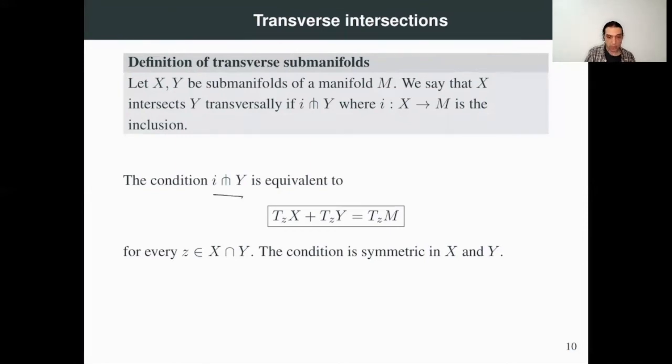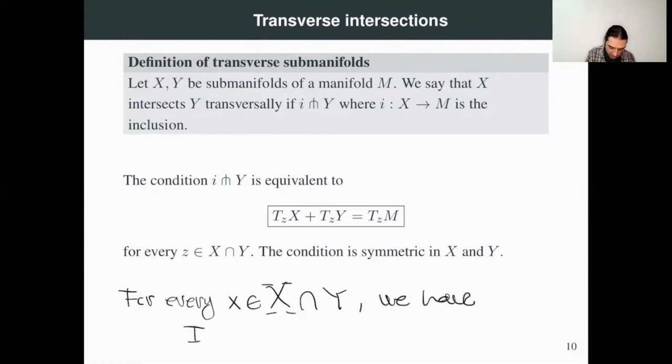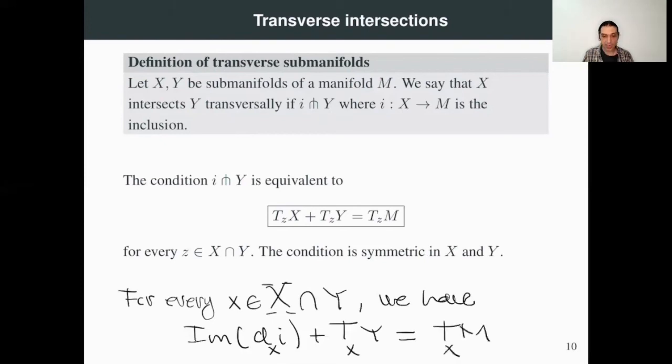Because if you take a look at this condition, what we have is that for every small x that belongs to big X, such that the image of small x by the inclusion, which is still x, belongs to Y. So for every point in the intersection, this is the condition of transversality: the image of the differential of the inclusion at the point x plus the tangent space of Y at the point x has to be the tangent space of M at the point x.